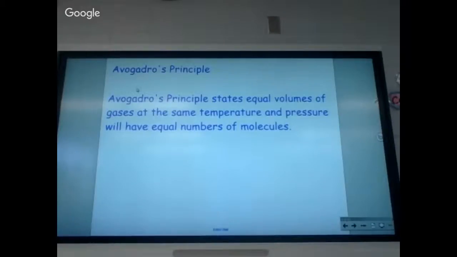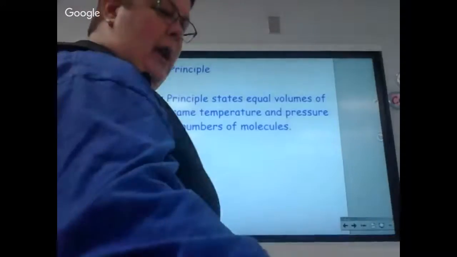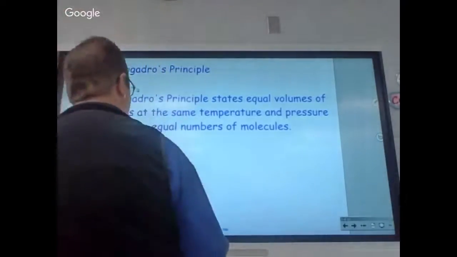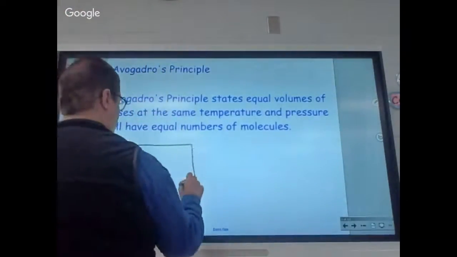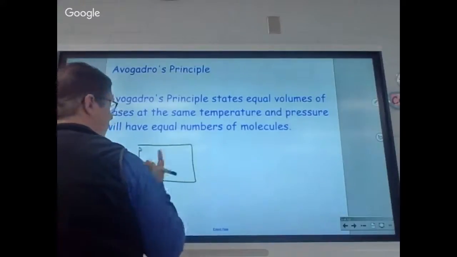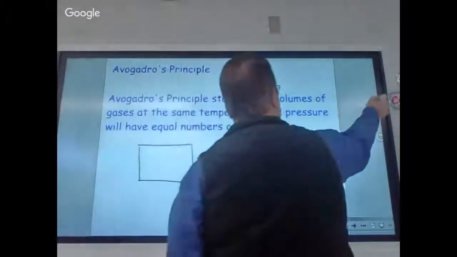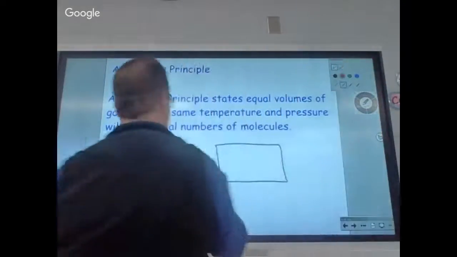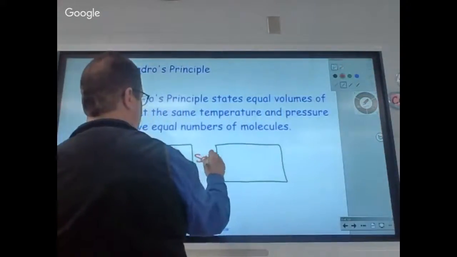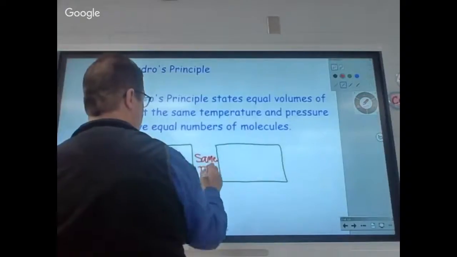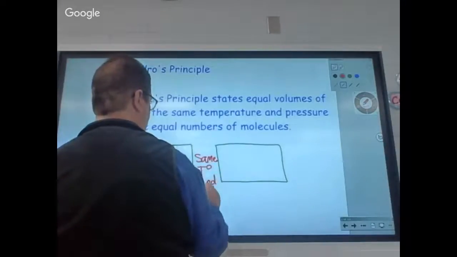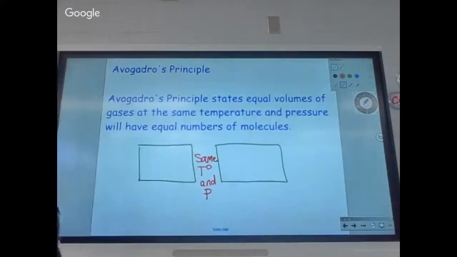Now, Avogadro's principle states that equal volumes of gases at the same temperature and pressure have equal numbers of molecules. So, if we have two containers, and let's just say that we know that they have the same temperature and pressure, okay?